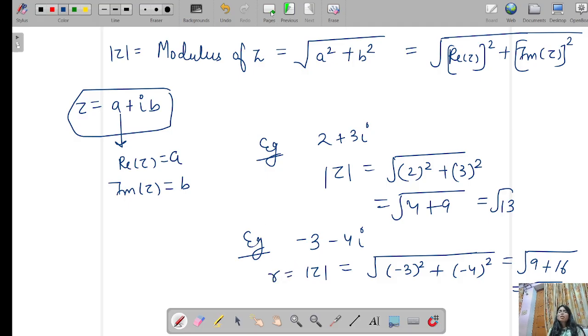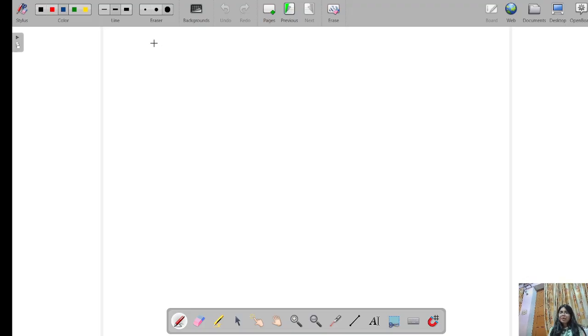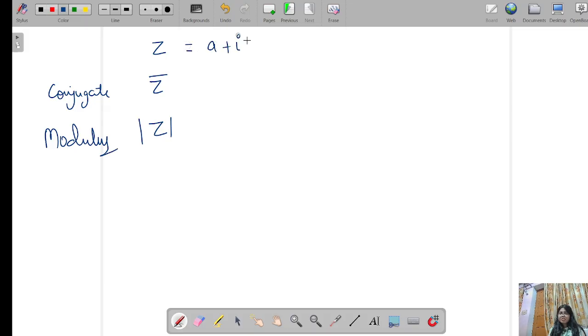Okay. Now here comes a relation between z, the conjugate of z and the modulus of z. This was the complex number, this is the conjugate, and this is the modulus.